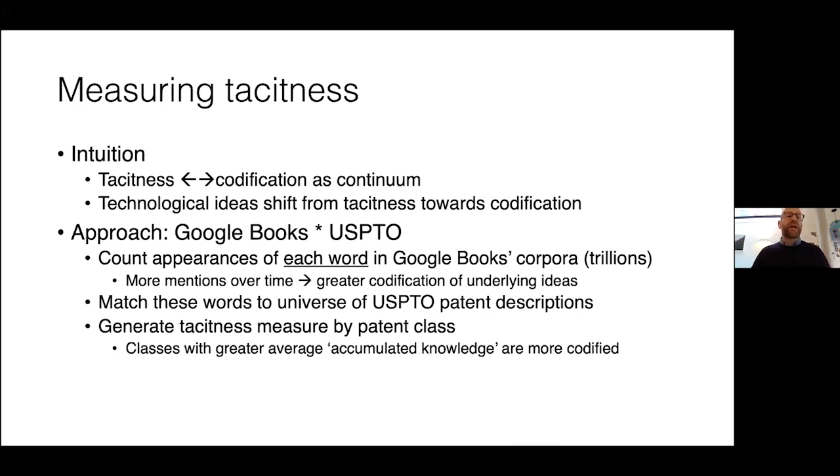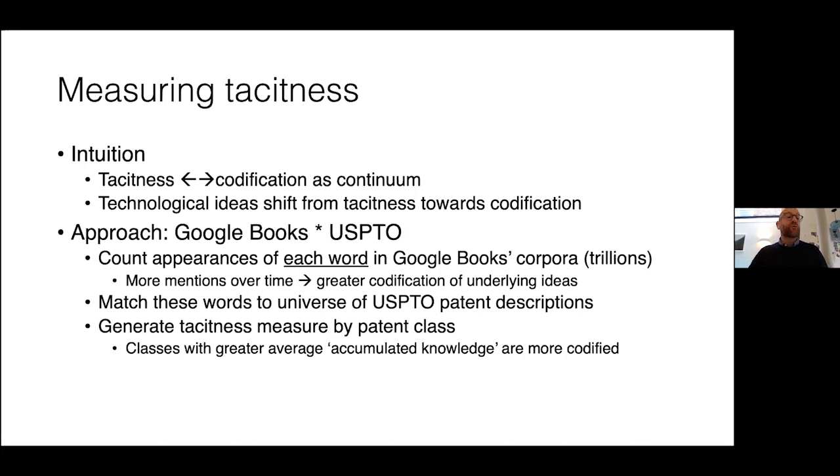And second of all, that in a general sense, we expect there to be a temporal pattern from very new technologies being more highly tacit, and then them eventually moving towards greater codification. And of course, this is a simplification, and we don't necessarily expect linearity in this process across all technologies, but it's a generality that is present in the literature, and it's one that we are building on.